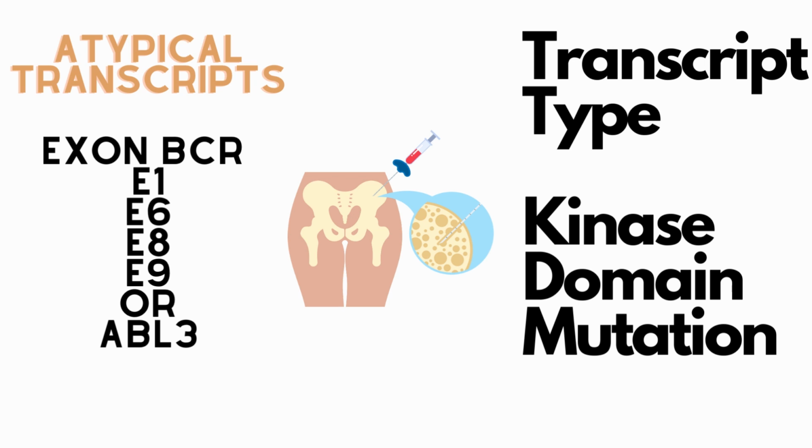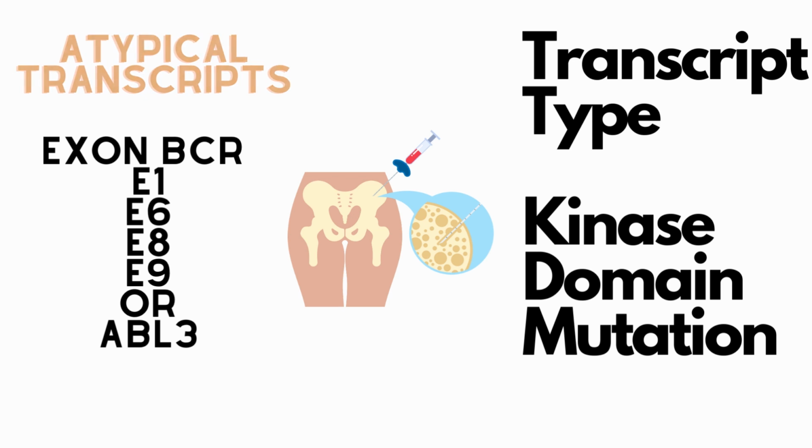It's important to determine the transcript type prior to starting treatment to make sure that you're effectively monitoring the correct molecular response. And also, if the patient develops resistance to a tyrosine kinase inhibitor, then you look for mutational analysis on the kinase domain of the tyrosine kinase.